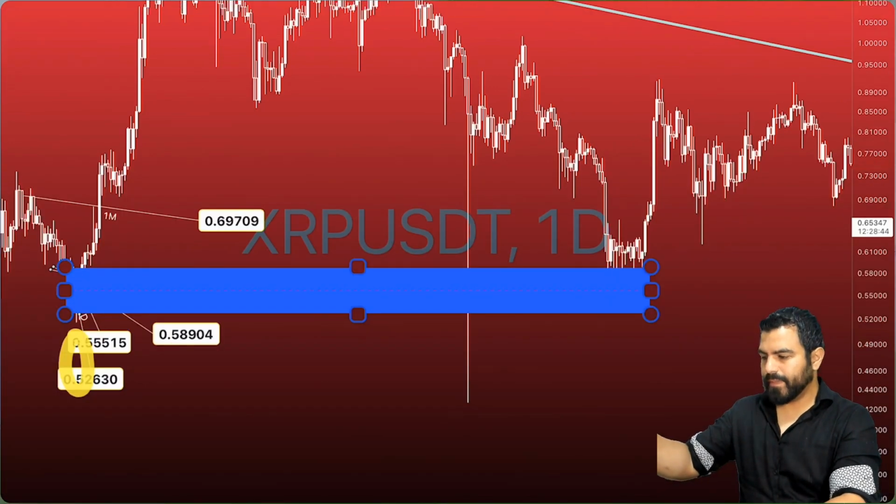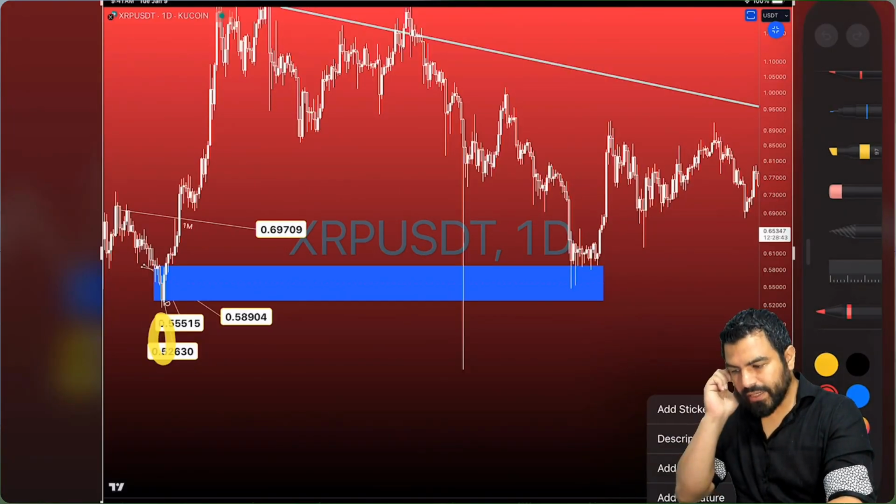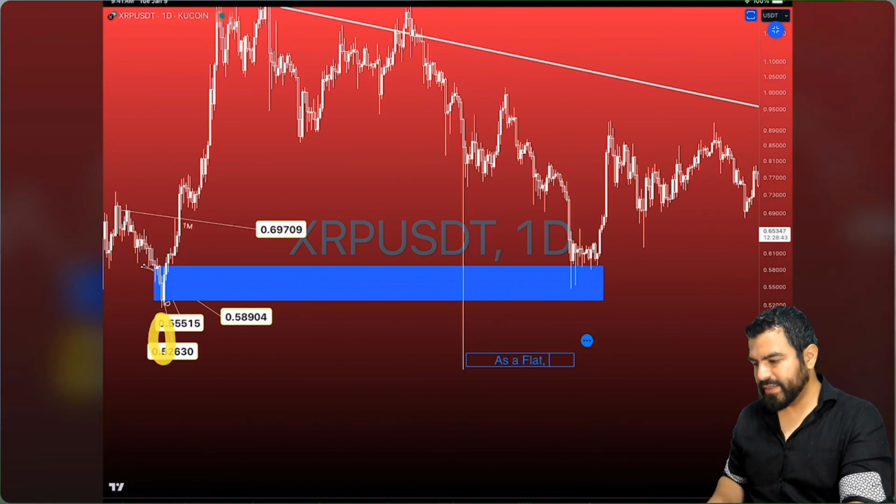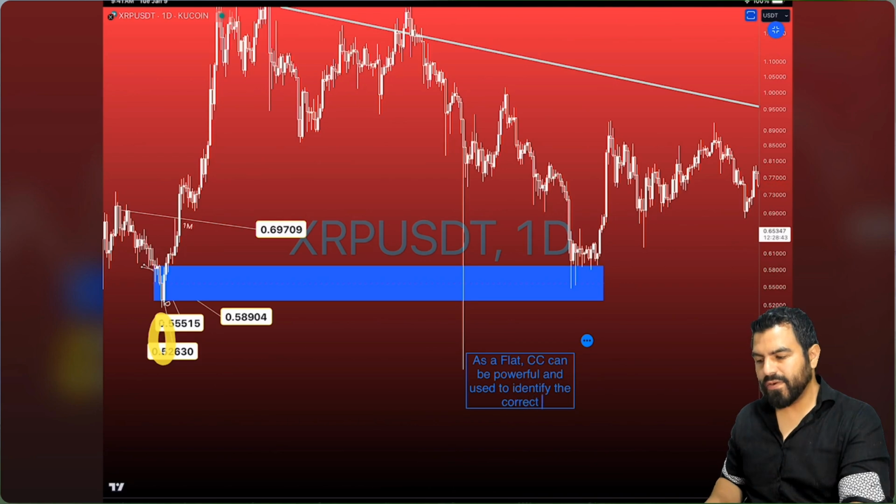Okay, let's add that to the image. A flat can be powerful and used to identify the correct range.